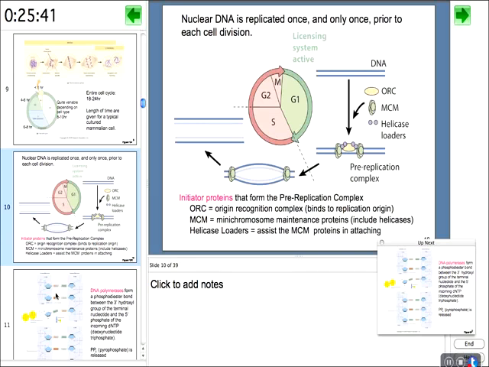Of course, ORC is a protein binding to the ORI, which is a sequence in the DNA. Next, really together, are the helicase loaders and helicase. They're going to bind to ORC.